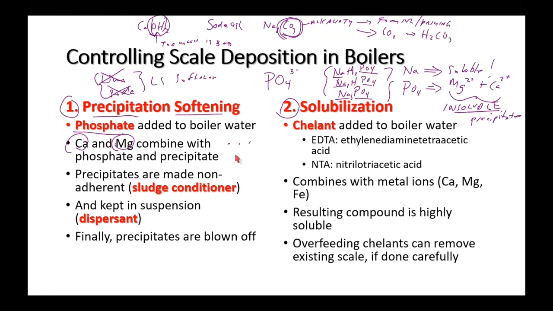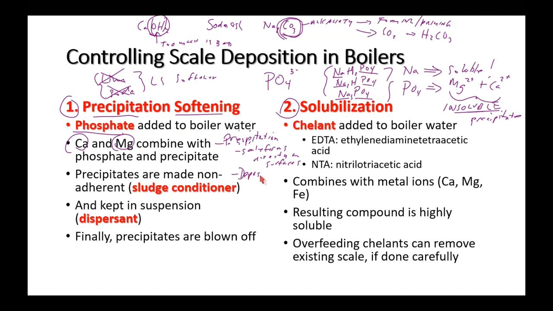So there are two kinds of scale processes. The first one would be precipitation, and precipitation is when the scale forms directly onto the heated surface. And then the other thing that can happen is deposition.